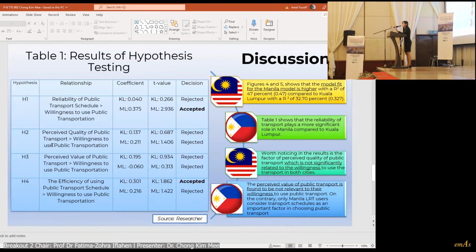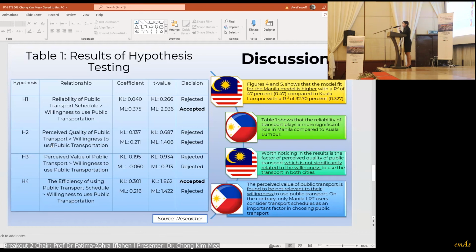We found that reliability has a significant relationship in Manila, whereas the efficiency of the public transport schedule has a significant relationship in KL for the willingness to use public transport.